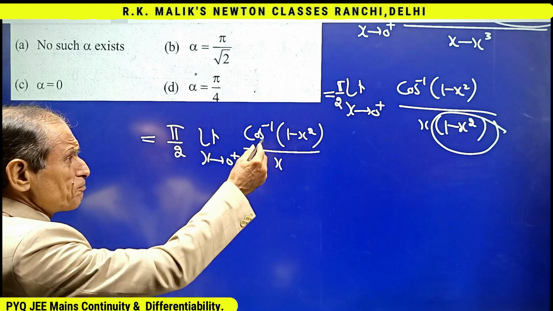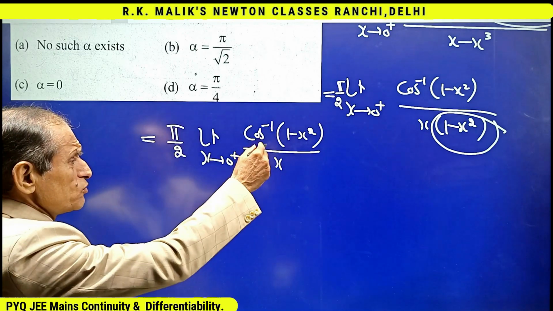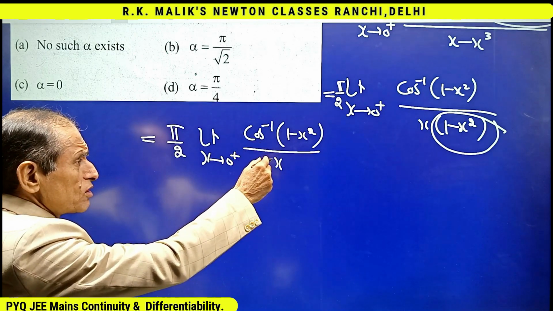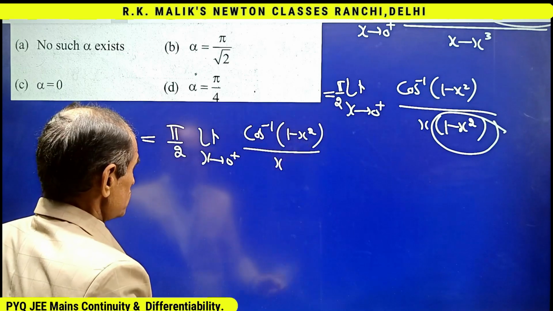And now presently both are tending to 0, hence either I can use L'Hopital's rule or I use inverse trigonometry to convert cos inverse into sin inverse.